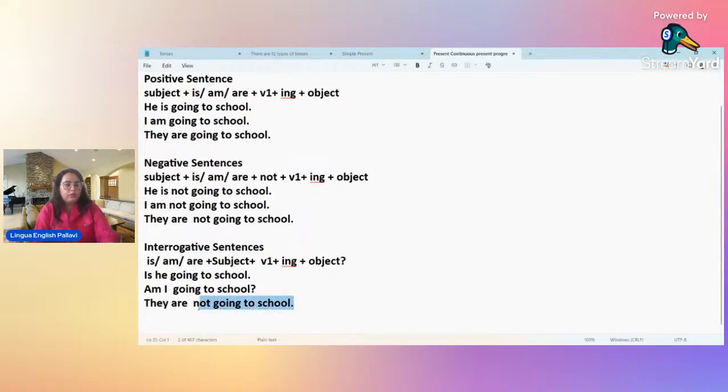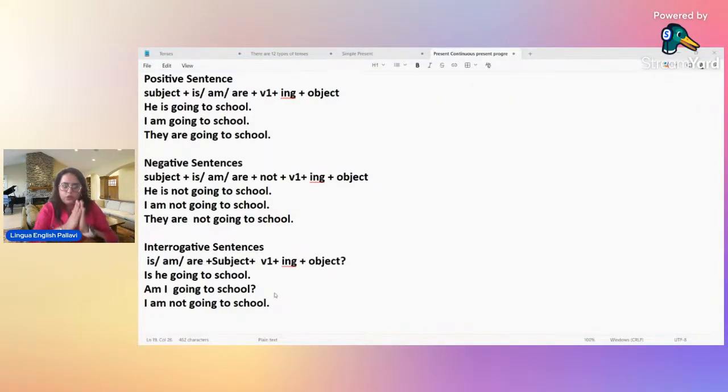And for this one I can say are we, no, for negative I have to make now, I am not going to school. So do you understand how I fixed it up?